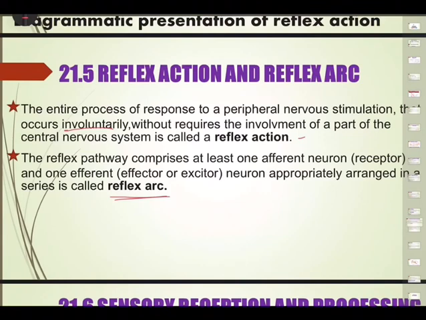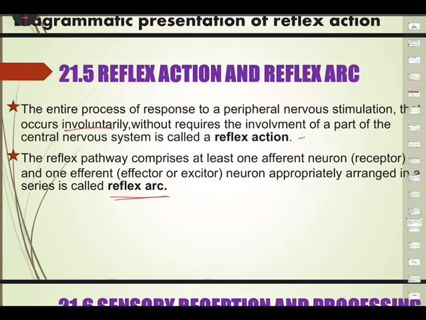From the brain, 12 pairs of nerves come out, and from the spinal cord, 31 pairs of spinal nerves come. The cranial nerves are: olfactory, sensory; optic, sensory; oculomotor, motor; trochlear, motor; trigeminal, mixed; abducens, motor; facial, mixed; auditory, sensory; glossopharyngeal, mixed; vagus, mixed; spinal accessory, motor; and hypoglossal, again motor nerves.